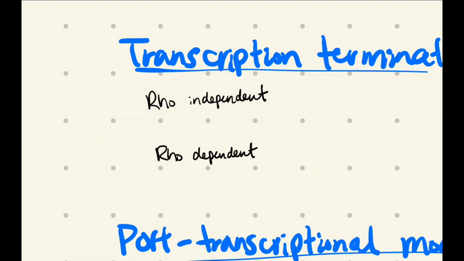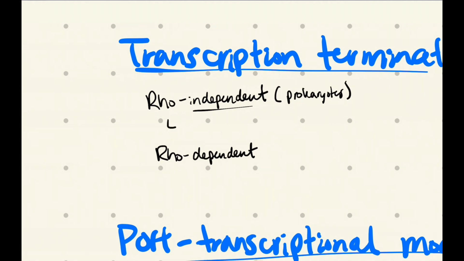What this means is that you just have a protein called rho, and one of them is going to not need rho, hence rho independent, and this is going to be for prokaryotes. Prokaryotes actually do not have any rho protein. It doesn't have to go through rho to undergo termination.